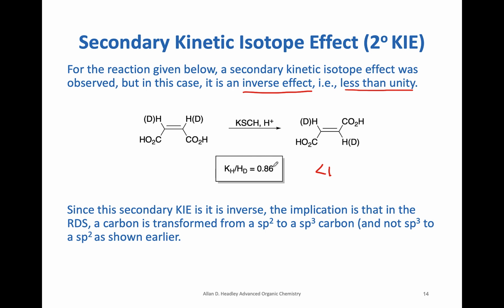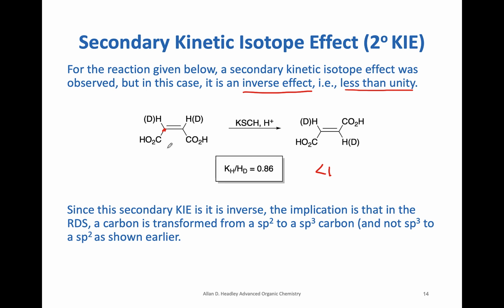Of course, you can assume what happens here. For these reactions, the carbon that contains the H, and of course the CD, goes from an sp2 to an sp3 in the rate determining step, and the other steps of course are fast.